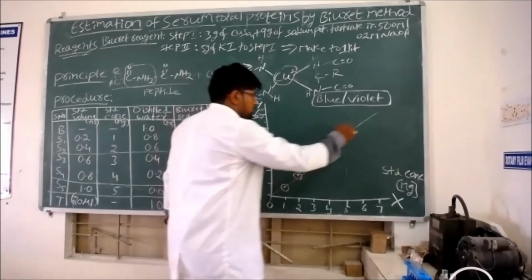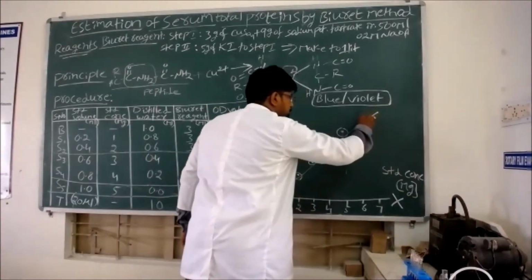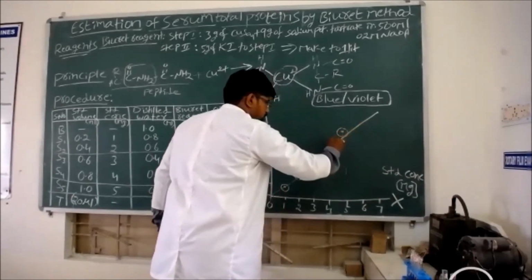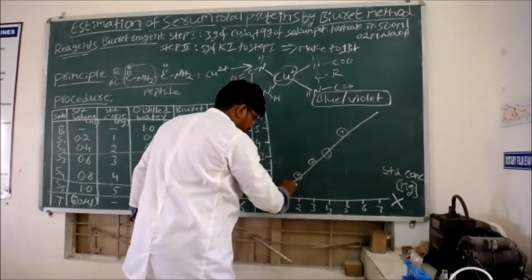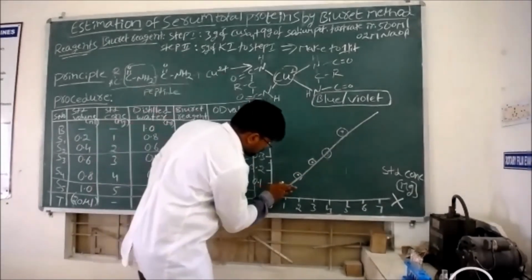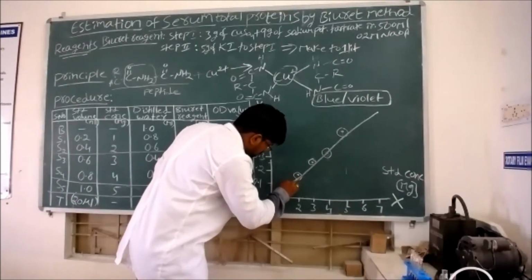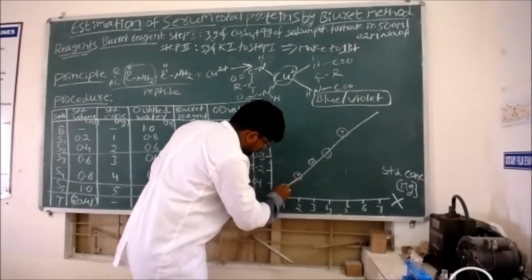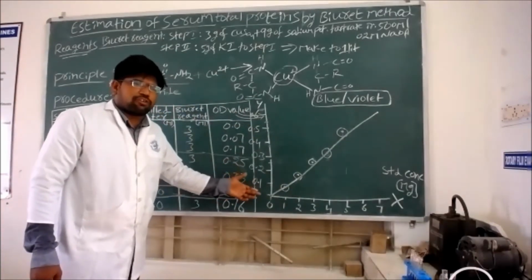So in that way, you draw a straight line. That is step one, drawing of the straight line.